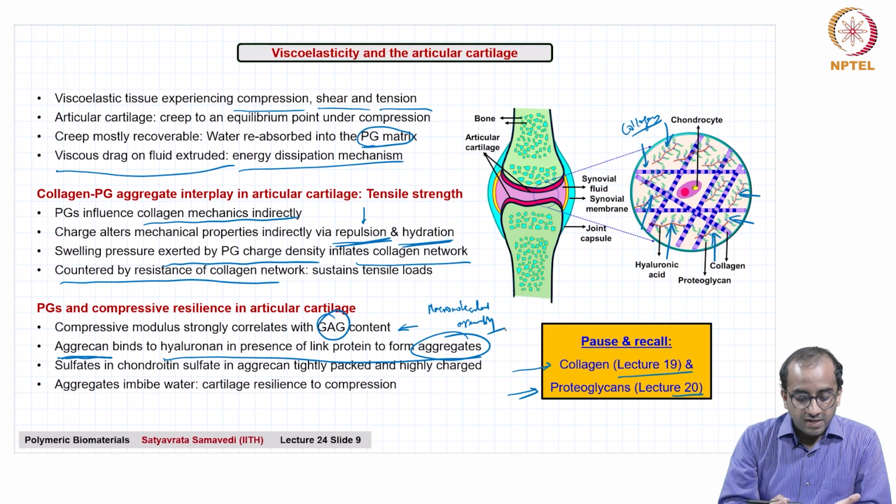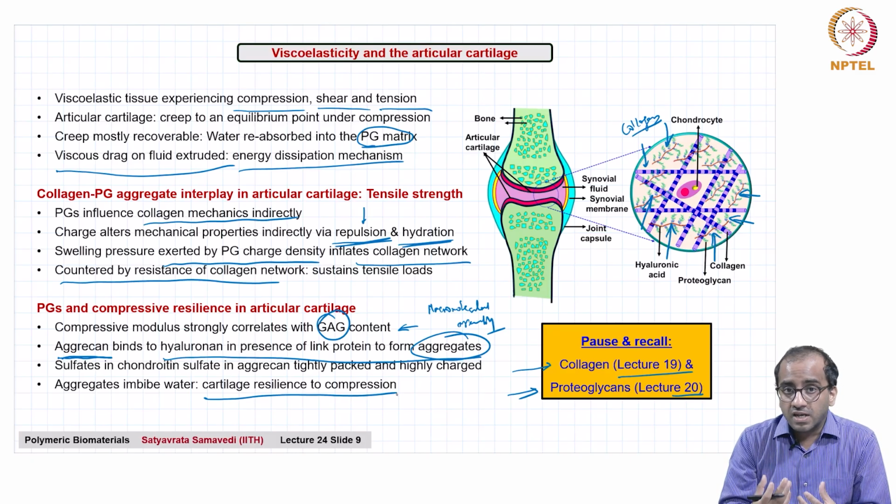And of course, the sulfates and the chondroitin sulfate in aggrecan are tightly packed and highly charged, and so the aggregates can now imbibe water. That leads to cartilage having resilience to compression, right. So, again when cartilage gets lost or eroded with time due to osteoarthritis, you can now start to see what kind of adverse effects it will have on the patient in terms particularly of the compressive resilience, right.